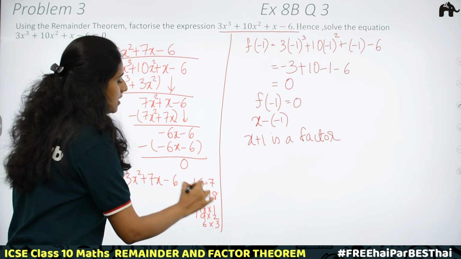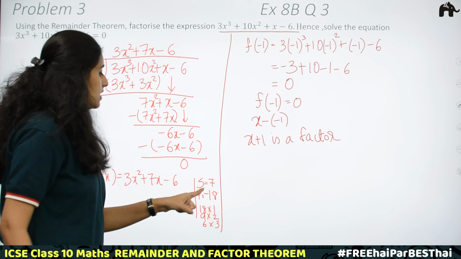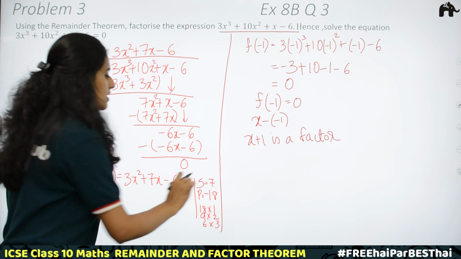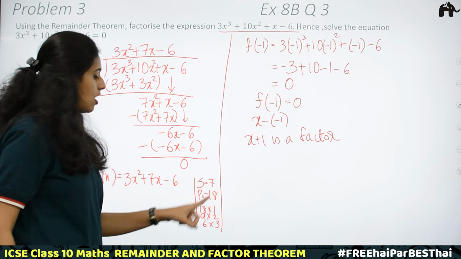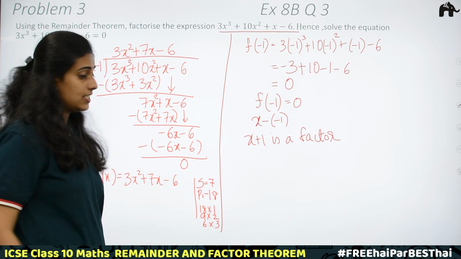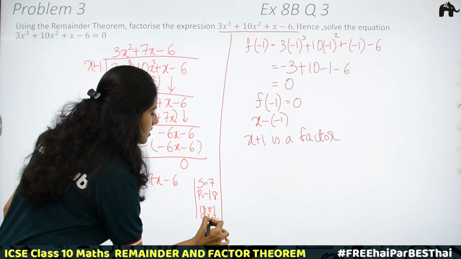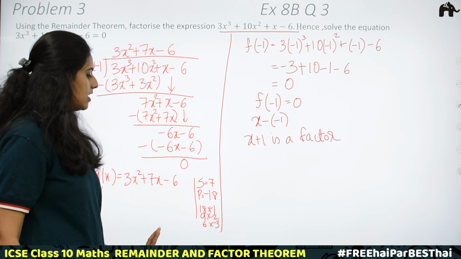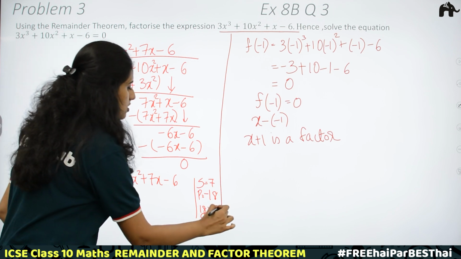Now, here the sum is positive. Since the product is negative, one of these two numbers should be negative. Since the sum is positive, of these numbers chosen, the smaller number should be negative. Now, check 18 minus 1 is 17. So, this is not the one.